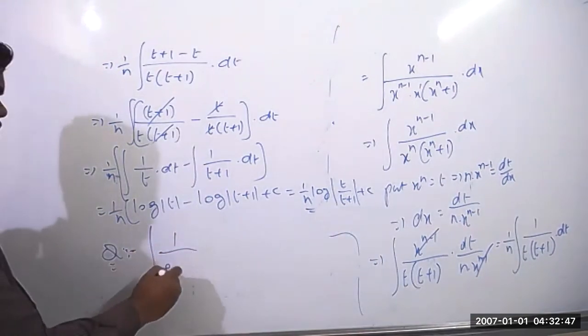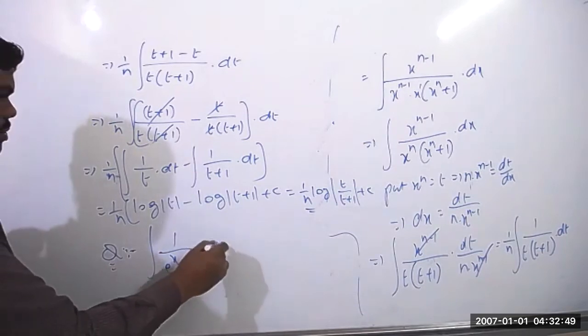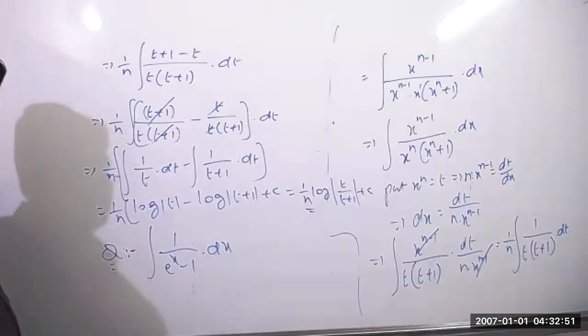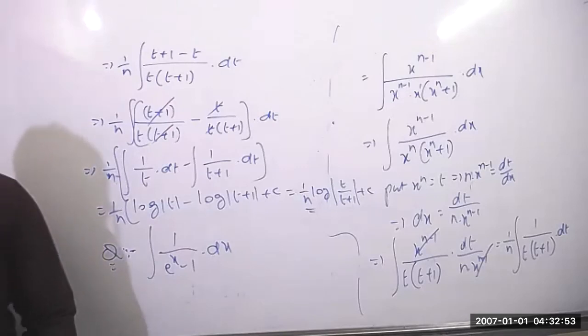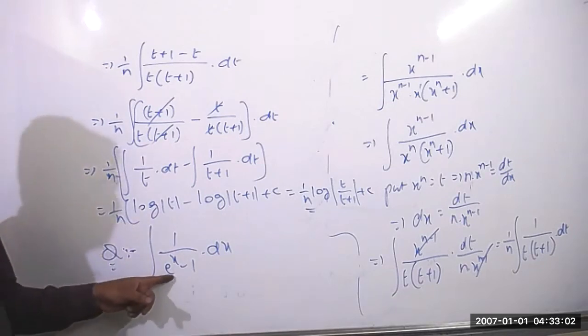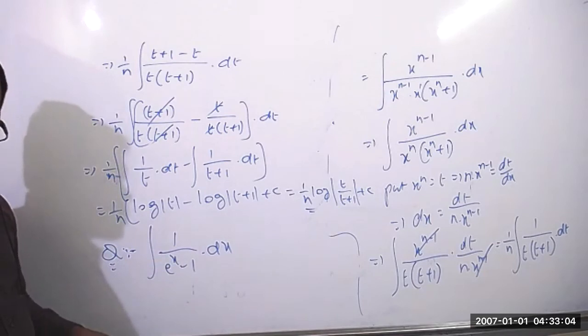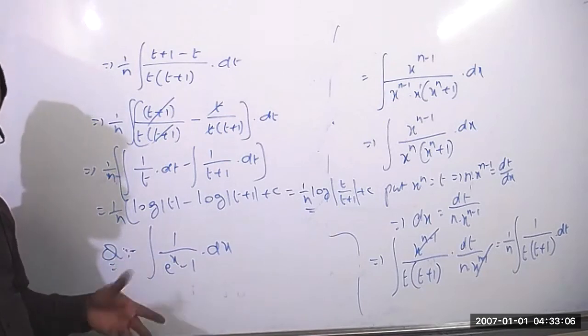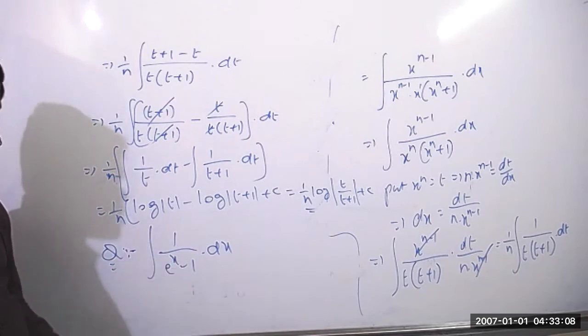Integration of 1 by e power x minus 1 into dx. We have to think about that always, but we are not taking blindly. Even in this question, suppose we take e power x equal to t as the substitution. The differentiation of e power x equals e power x only, but we are not getting any changes.